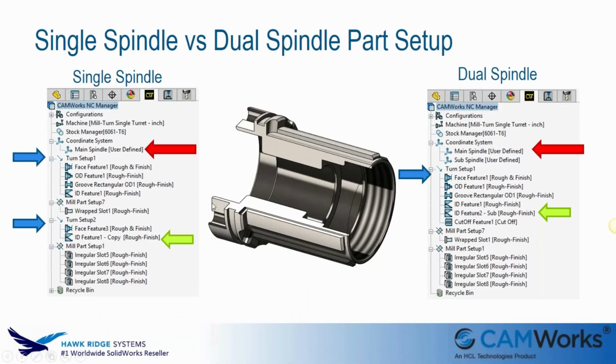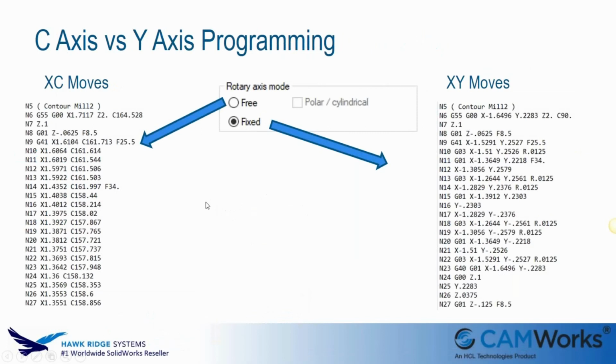So going back to our presentation here, we've got these slots on the back of our part that we're going to machine with some live tooling. Now, we've got controls in the software. If you've got a C-axis or you've got a Y-axis on the machine, or if you've got a B-axis, you've got to set the part up to basically output the correct code.